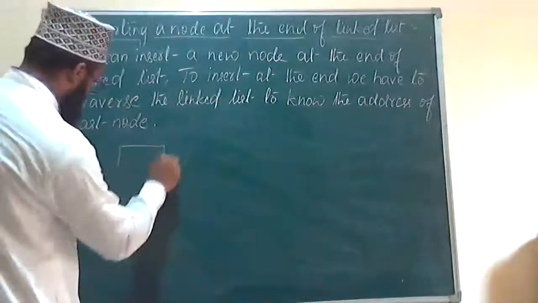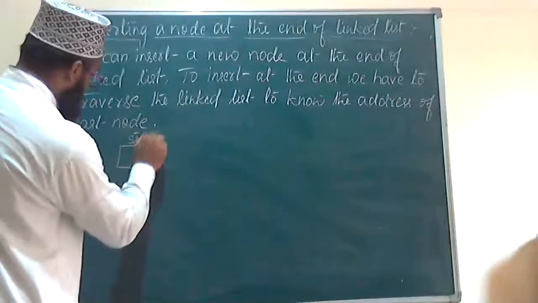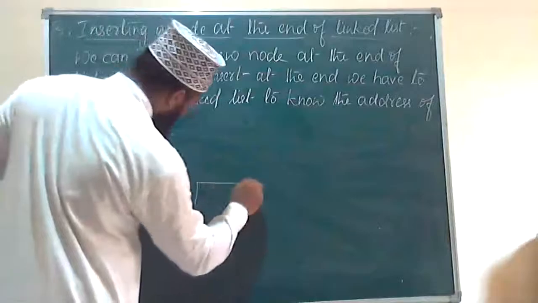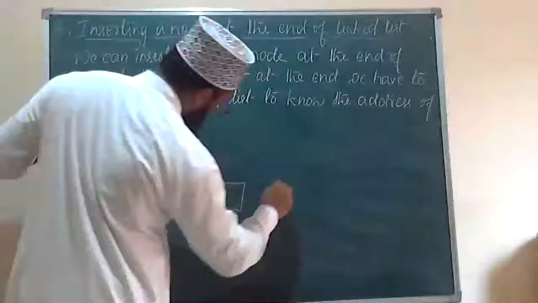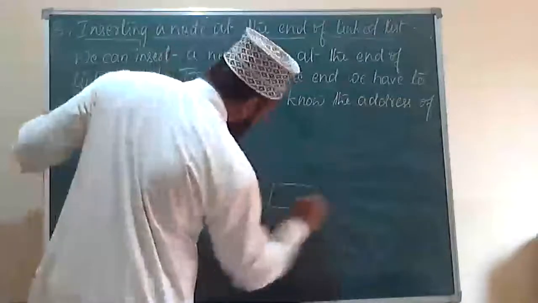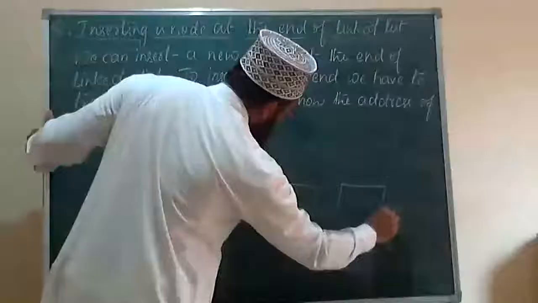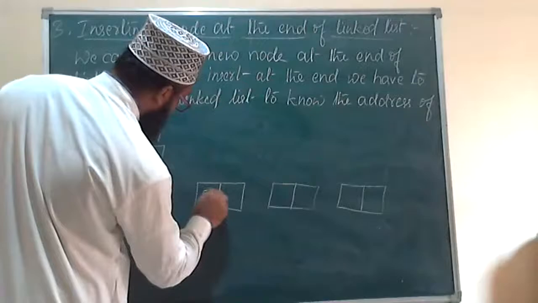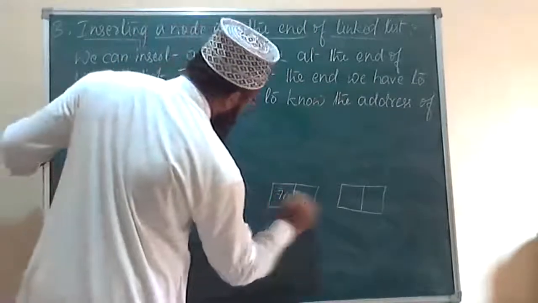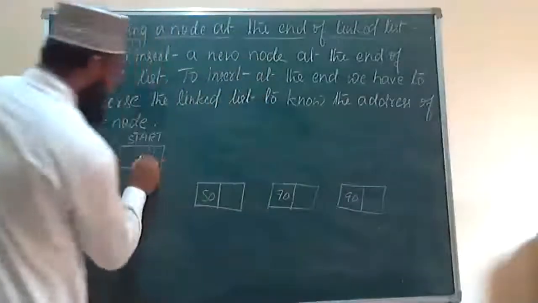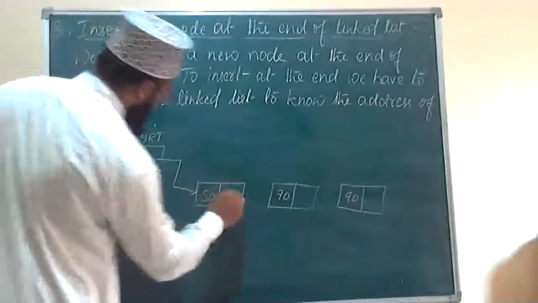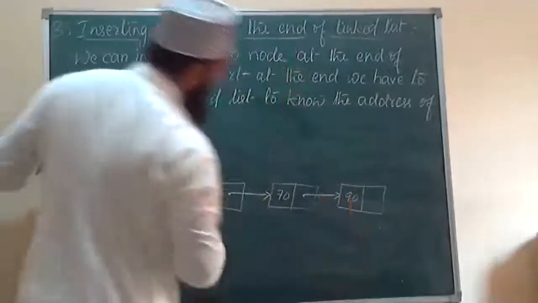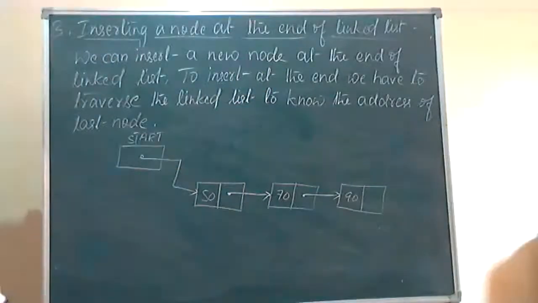Okay, we will create a linked list here. Start, then 1, 2, and 3. We have 3 nodes in the linked list. We want to insert a node at the end of the linked list.